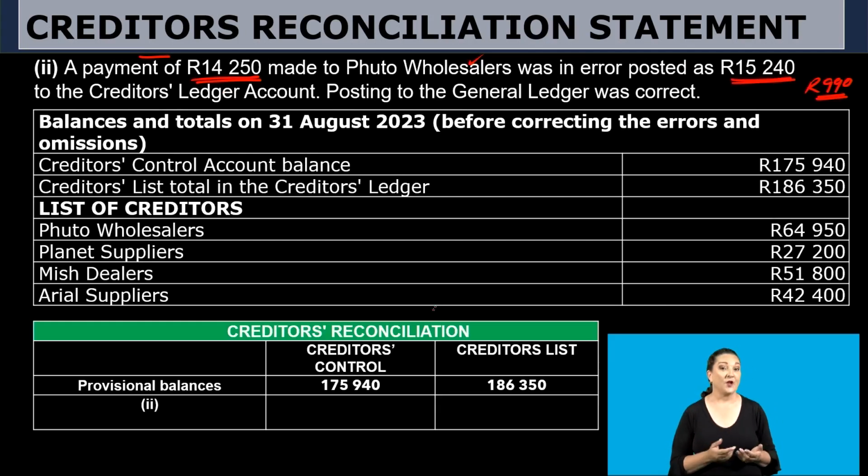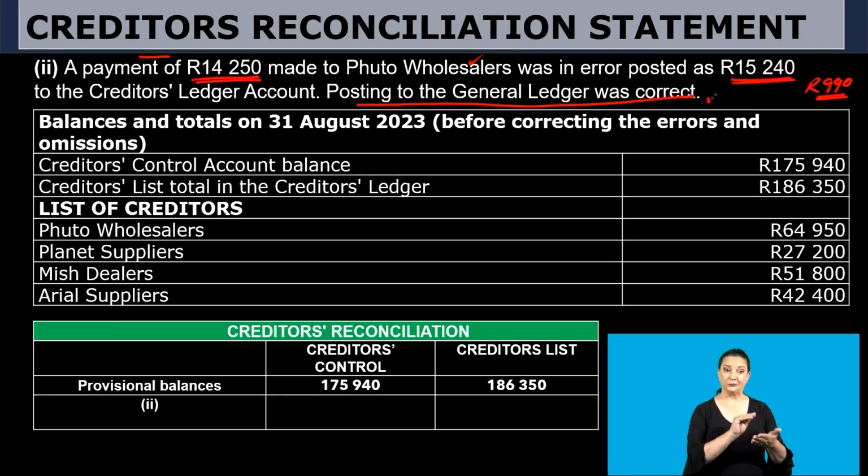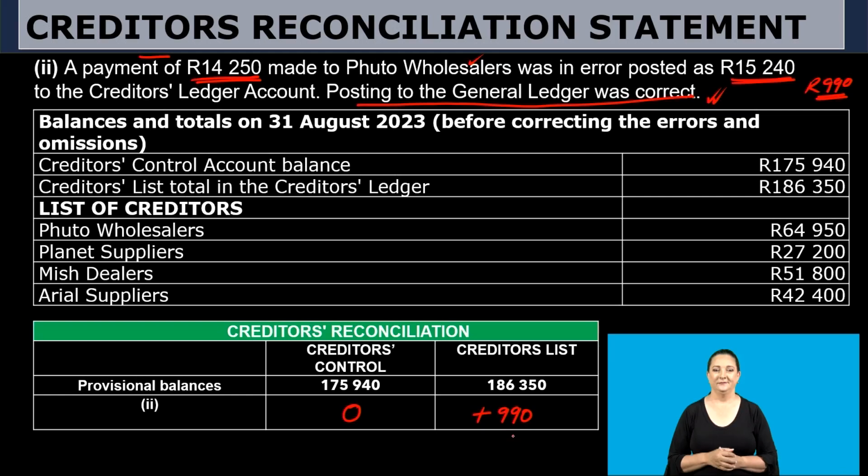Do we go to the control? No, because we're told that the posting to the ledger was correct. Once the posting to the ledger is correct, that means the control is correct. So the error is therefore in the list where we subtracted more, 990. So to correct that, we're going to come and add that 990, plus 990.